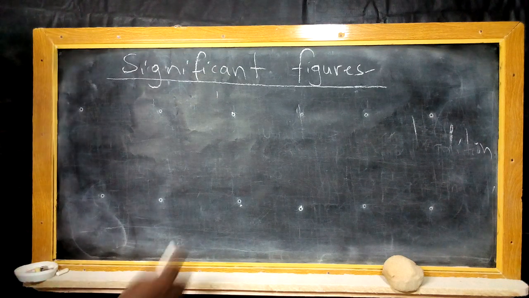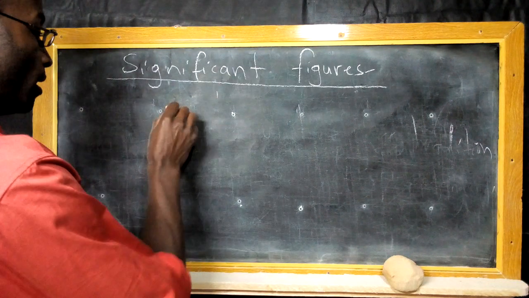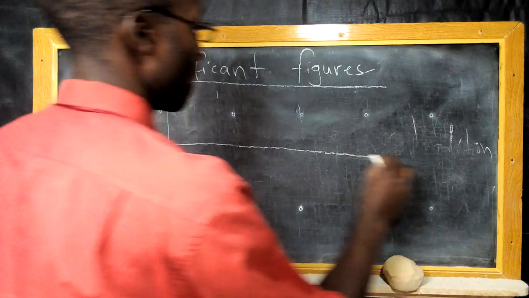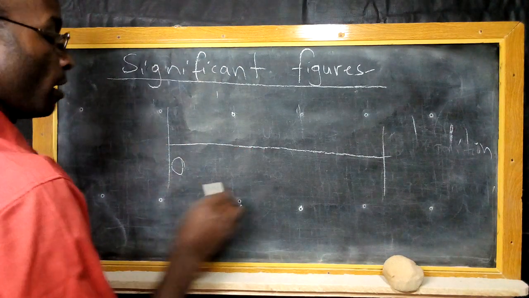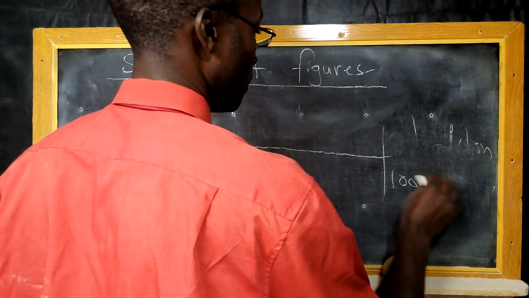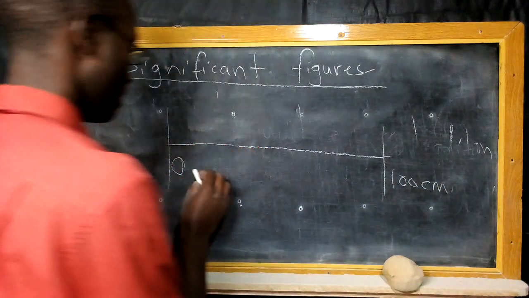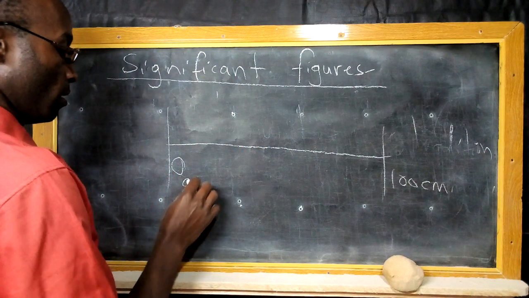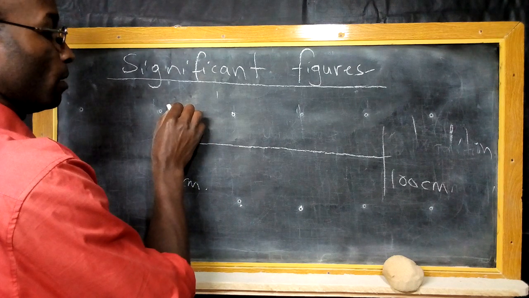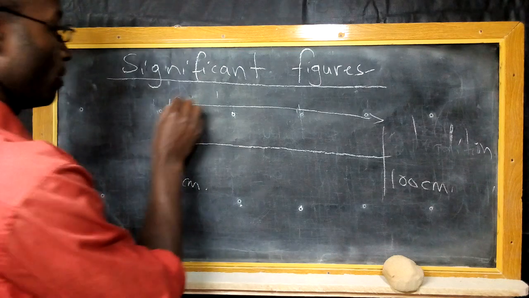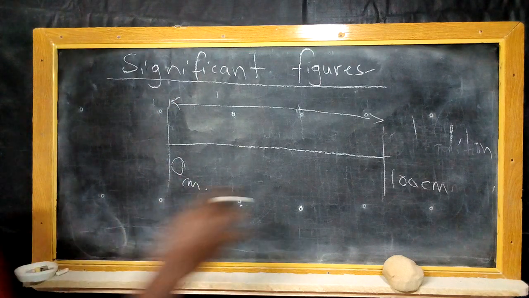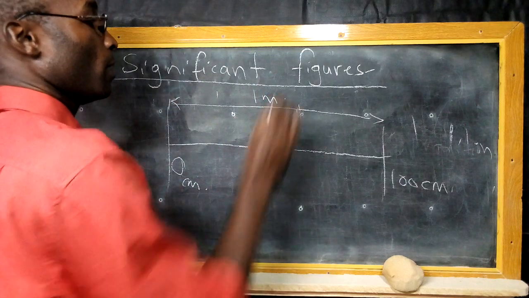For instance, if I have an instrument like a meter rule, which is from 0 to 100 centimeters, the stretch from 0 to 100 centimeters is defined as a meter.